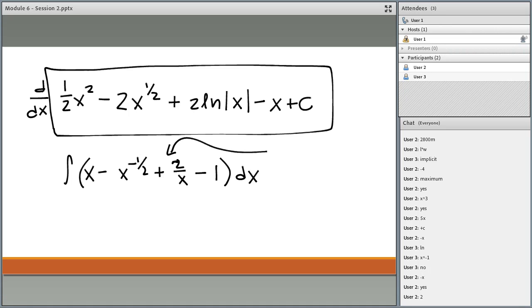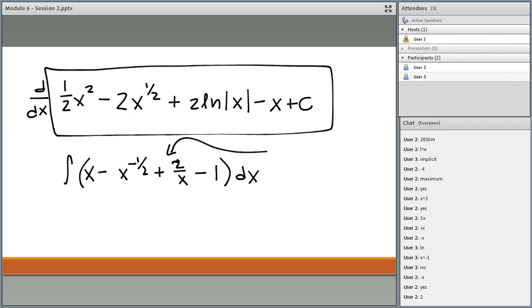Because I would take the 2 to the front, which would cancel with the 2. I would take and subtract 1 from the exponent. The same thing with the second term. I would take the 1/2 to the front, which would cancel with the 2, and subtract 1. And 1/2 minus 1 puts me at negative 1/2. The derivative of 2 natural log absolute value of x is 2 over x, or the absolute value of x, which again, if we had started with this function instead, there wouldn't be an absolute value. So that's okay.